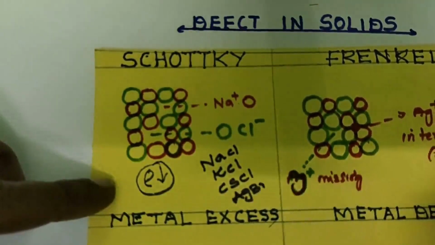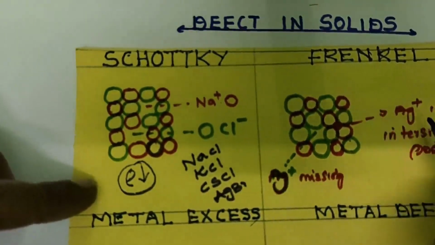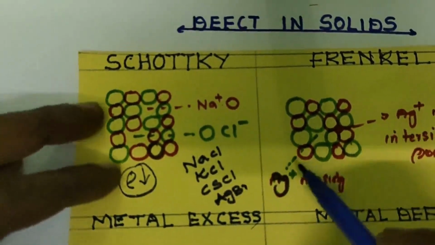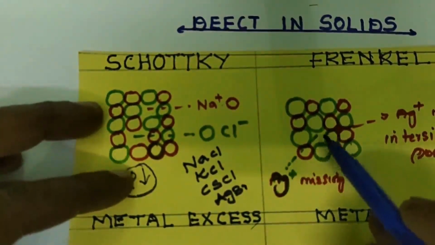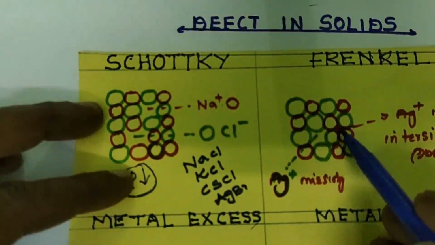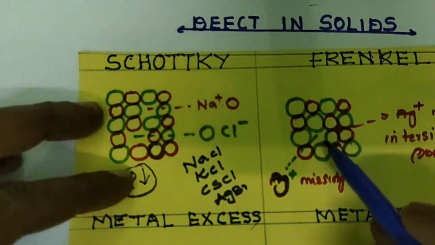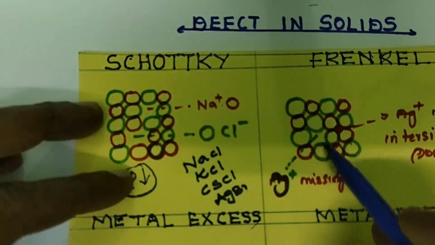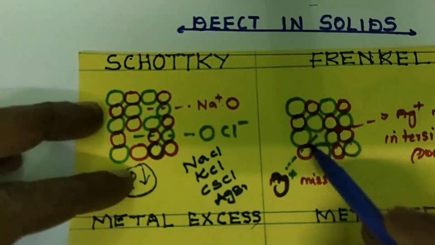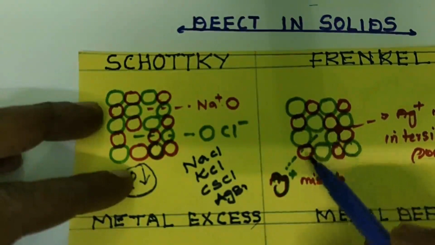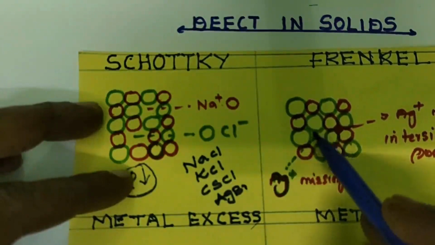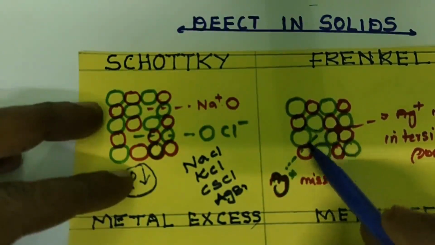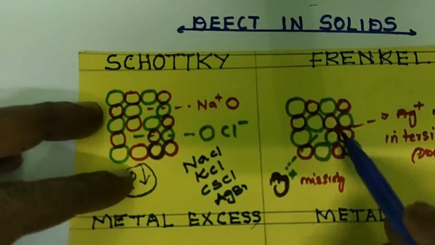Then the second type, Frenkel. This defect is also known as dislocation defect. Here one ion is missing. Which ion, cation or anion? Cation is missing. So the missing cation goes to the interstitial position.